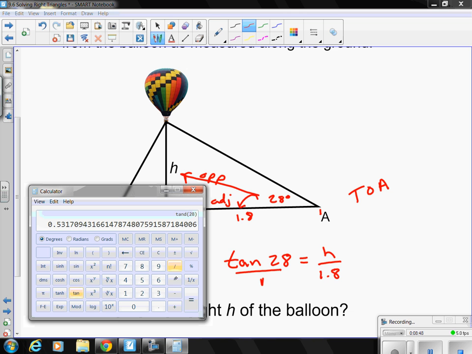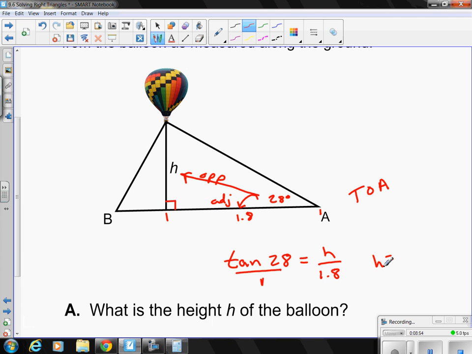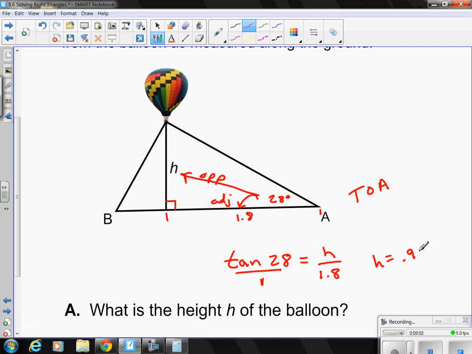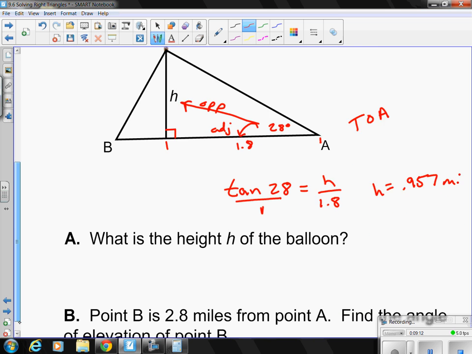Tangent of 28 times 1.8 is 0.957, and that's miles. So remember, this is 1.8. My answer looks like it makes sense. It's always good to check that, especially on a multiple choice test.